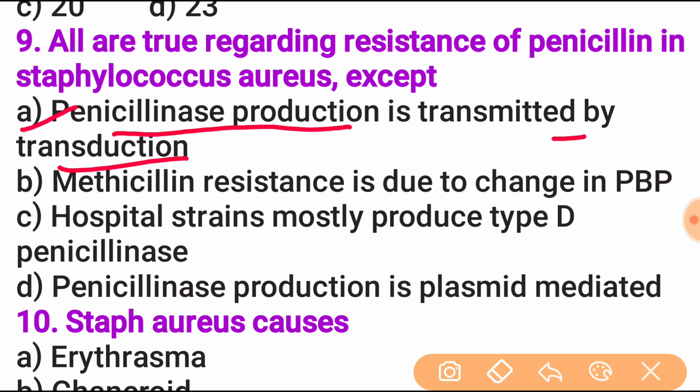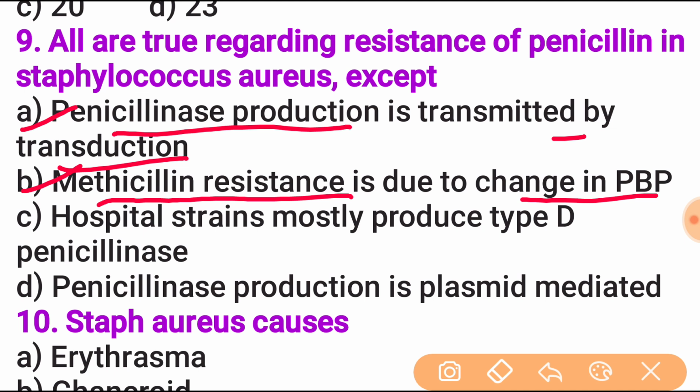Transduction is the mode for penicillinase production. Next, methicillin resistance is due to change in penicillin binding protein. This is also a correct option. Hospital strains mostly produce type D penicillinase.